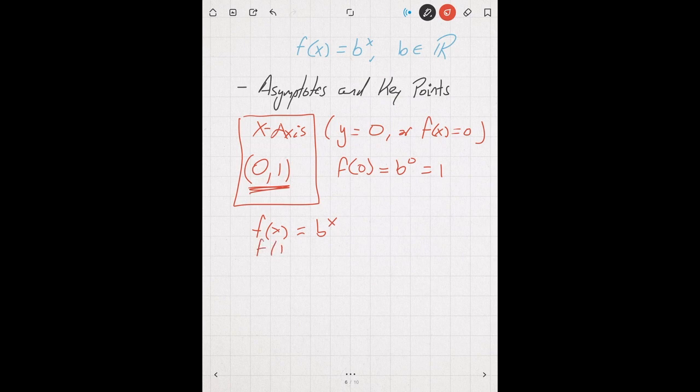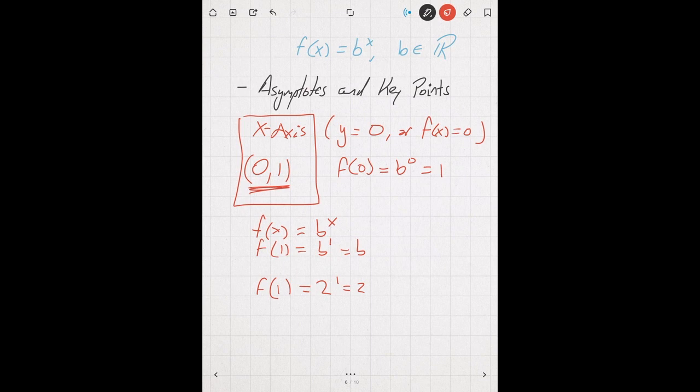Anytime I plug in 1 for x, I just get b out, because anything to the first power is just itself. If I had f(x) equaling 2 to the x power and plugged in a 1 for x, I would just get out a 2.